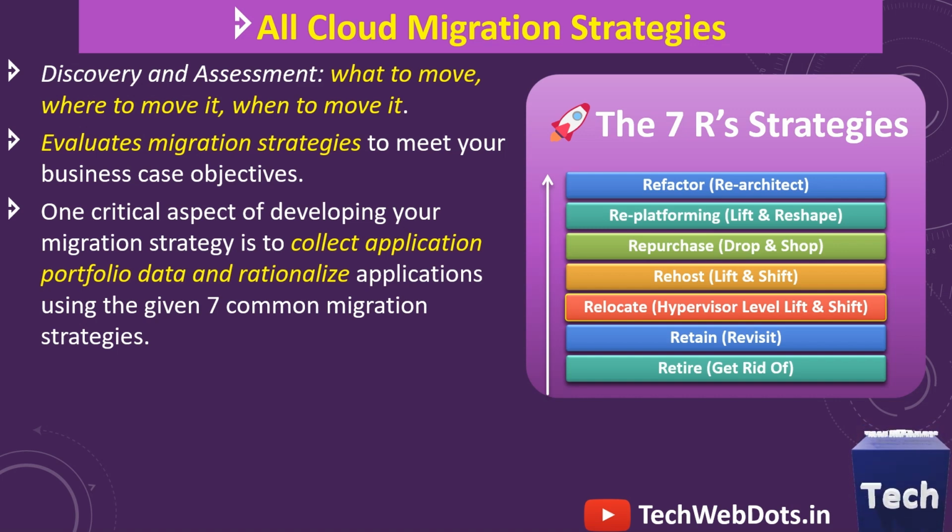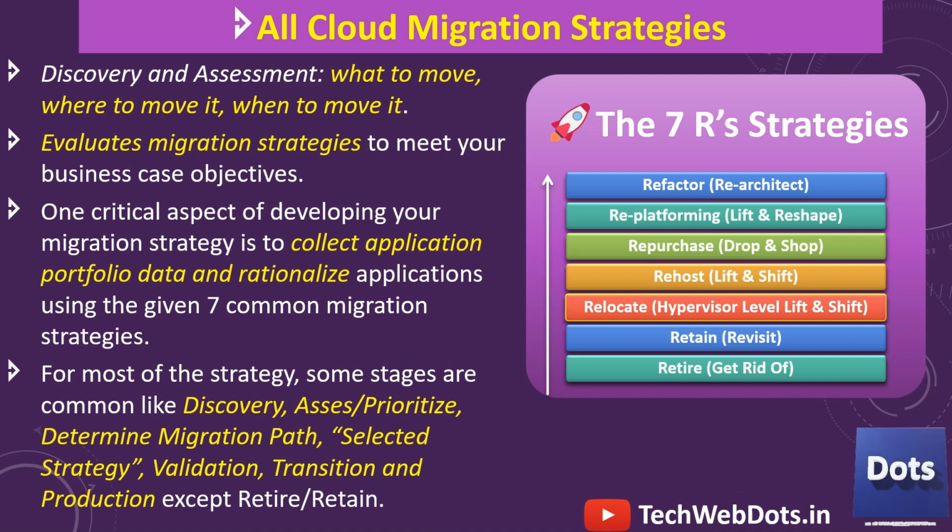And one critical aspect of developing your migration strategy is to collect portfolio data and rationalize applications using the given 7 migration strategies, right? Because that portfolio data will help you decide which strategy you should pick, or help you understand each application which exists on your on-prem or in the source cloud from where you want to move to the new cloud.